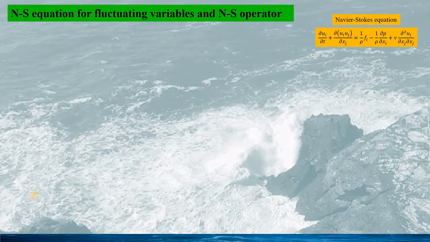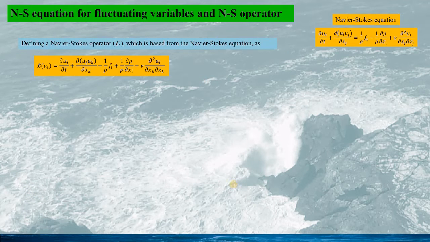In this slide, a Navier-Stokes operator is defined based on the conventional Navier-Stokes equation. We considered incompressible flows here. This Navier-Stokes operator is of vital importance in the derivations of the turbulent transport equation. As we have seen in many textbooks, the Navier-Stokes operator, the fancy capital L, is defined as this.